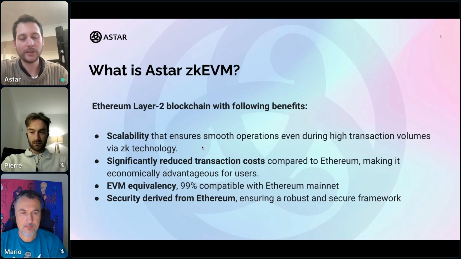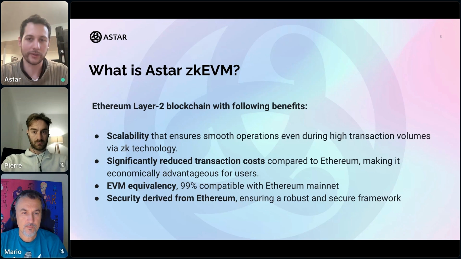So scalability, it ensures smooth operations during high transaction volumes via zk technology. And we use some of the technology developer kit from Polygon to expand our network to be truly Ethereum. Another benefit is significantly reduced transaction costs compared to building directly on Ethereum mainnet, making it really advantageous for any users that would use the dApps that you build.